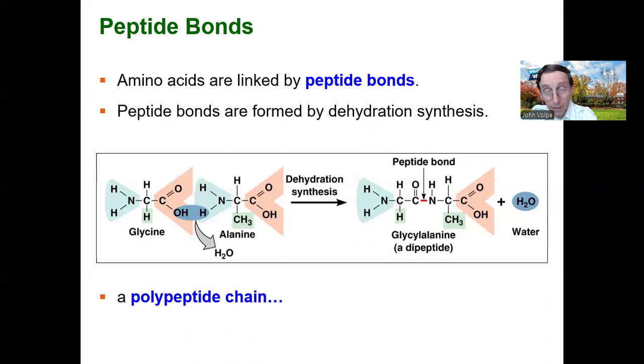All right, to make the protein, you just hook all of the different amino acids together, so they'll be linked together with the peptide bond. And then you have the monomers forming a polymer, and the polypeptide chain will be the growing protein.